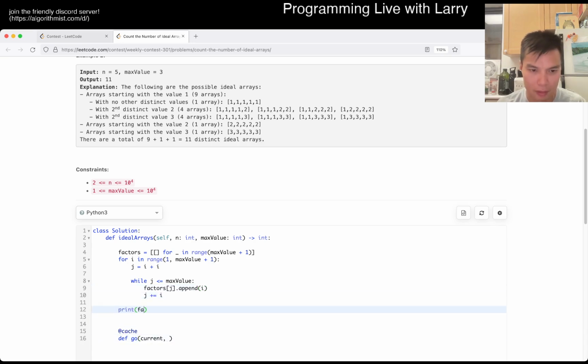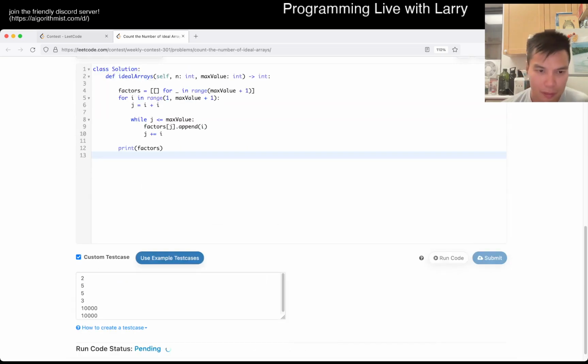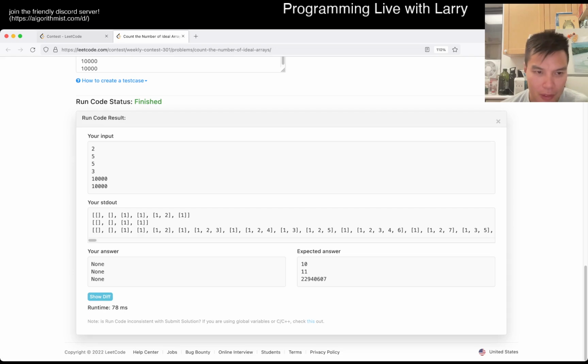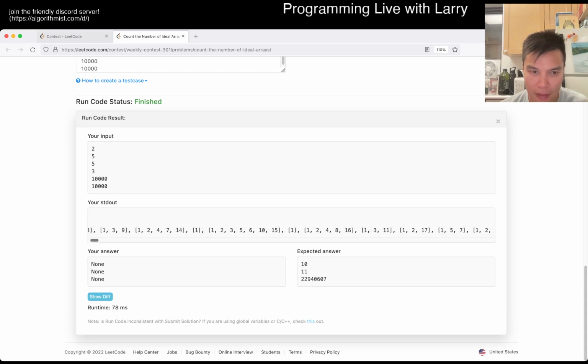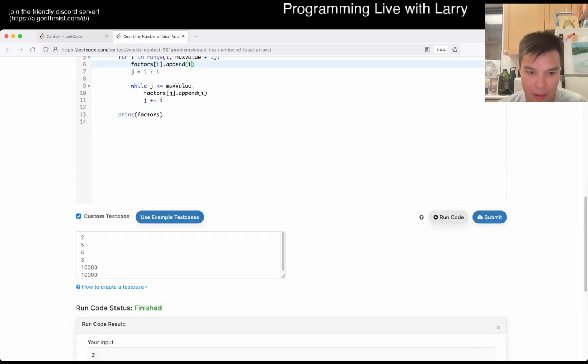Okay. Let's see. Maybe this is too much. So 1, 0, 1, 2, 3, 4, 5, 6, 7, 8, 9, 10. Okay, I guess this is right. I think I need to add itself, but that's okay. And now it should be in order anyway.